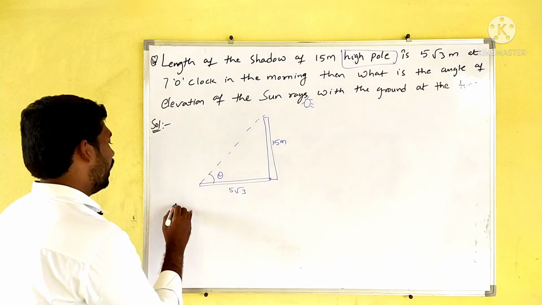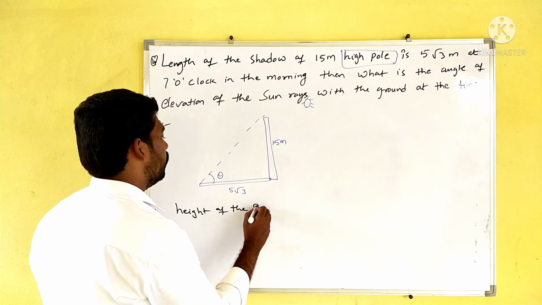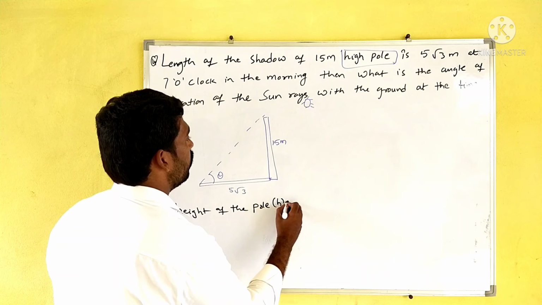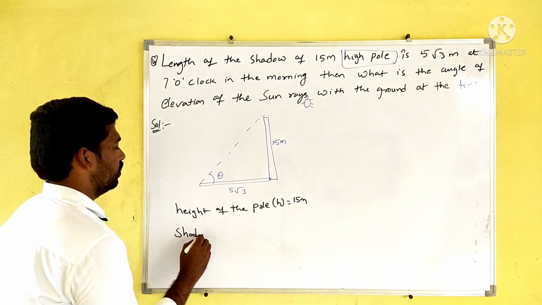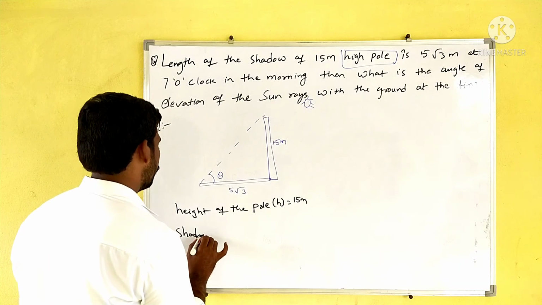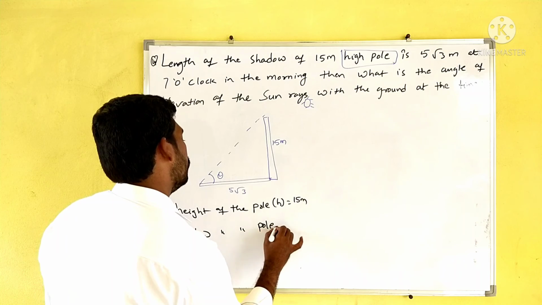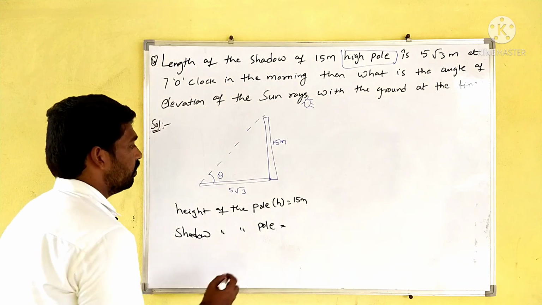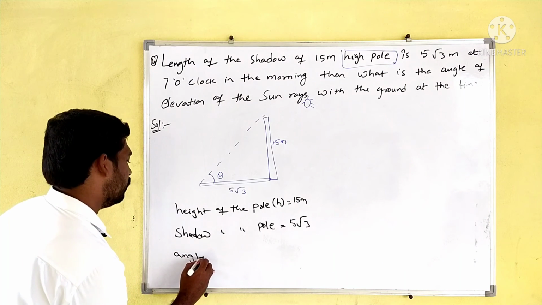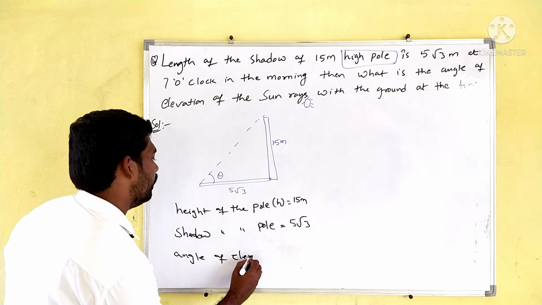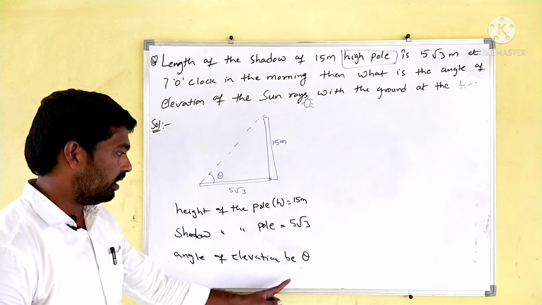So the height of the pole, h, is 15 meters. The shadow of the pole is 5√3. The angle of elevation is theta, and we need to find the theta value.